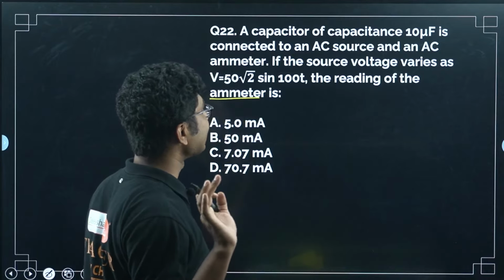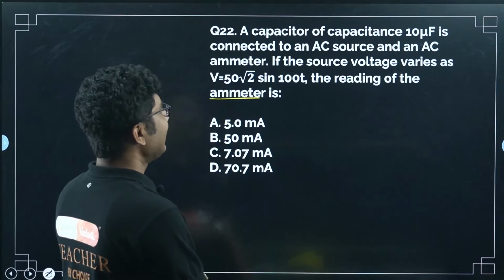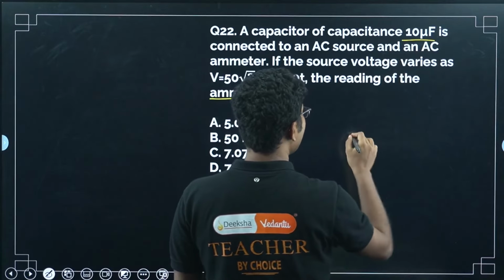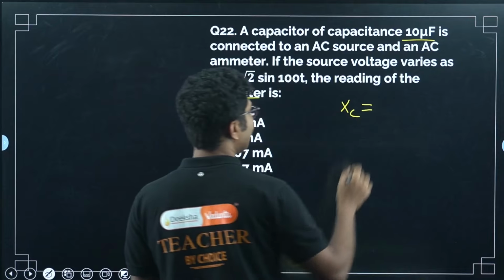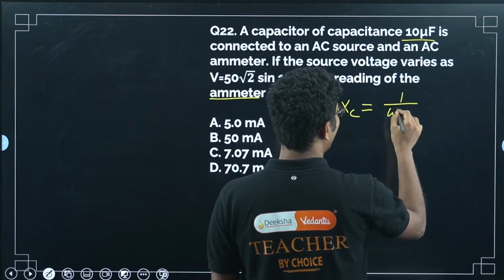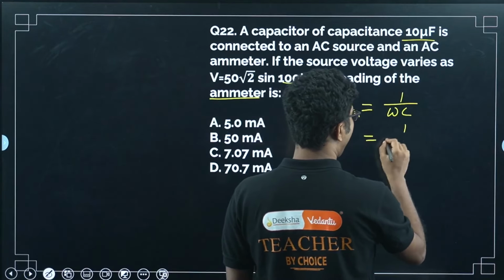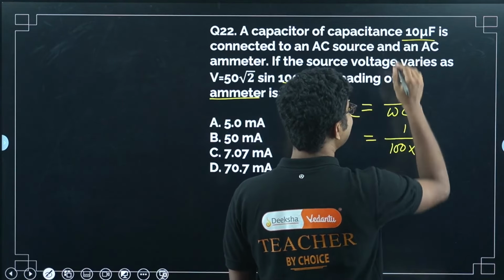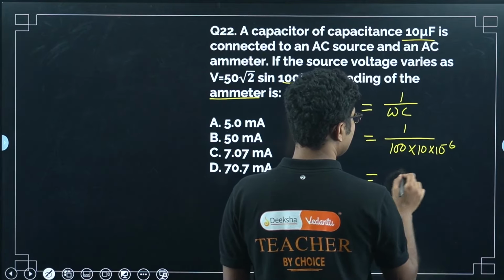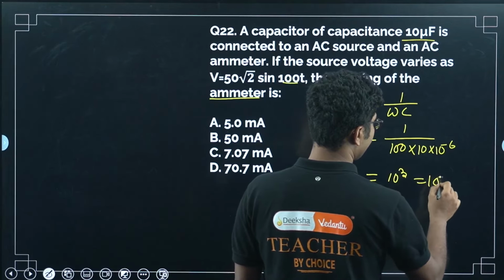So a capacitor of capacitance 10 microfarad is connected to an AC source and AC ammeter, right? First of all, we have to find the current. Only capacitance is connected, so first of all you have to find the capacitive reactance, that is XC equals 1 by omega C. Omega is 100, C is 10 microfarad, right?